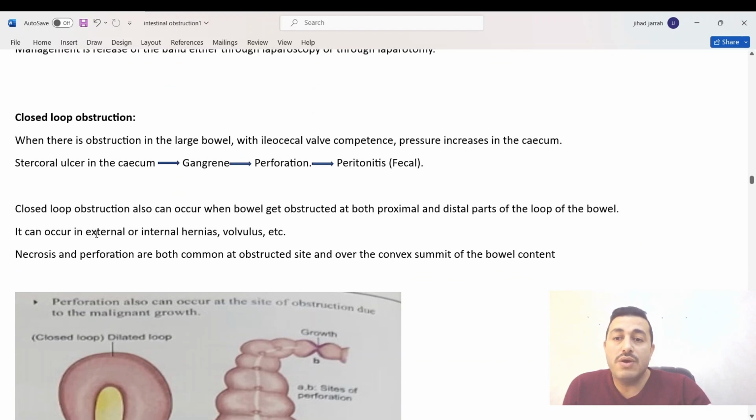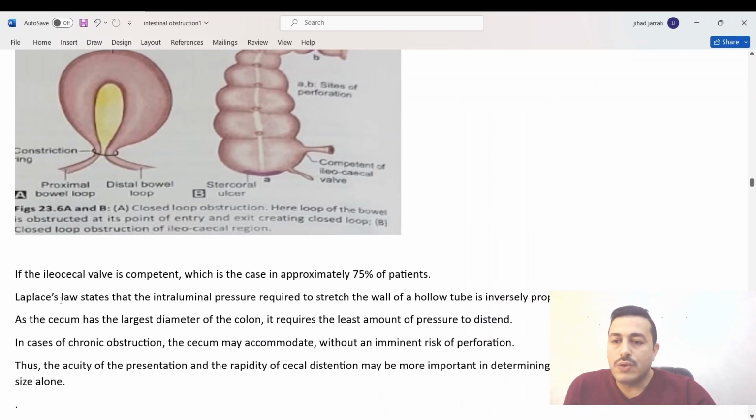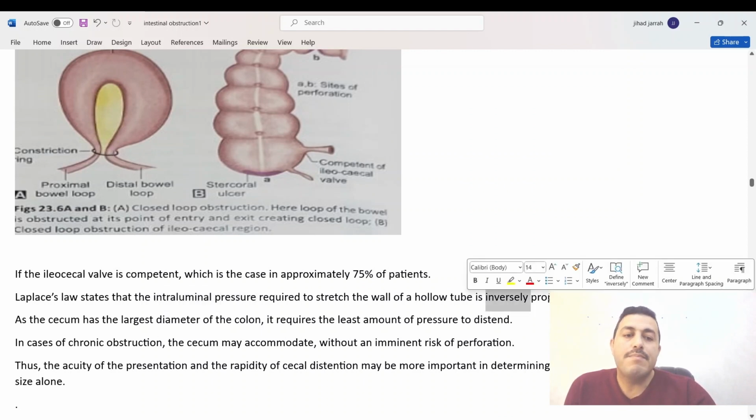What happens when there is obstruction in the large bowel is that there should be ileocecal valve competence, so the pressure increases, and we will see that according to Laplace's law, which states that the intraluminal pressure needed to stretch the bowel wall is inversely proportional to the radius of the tube.